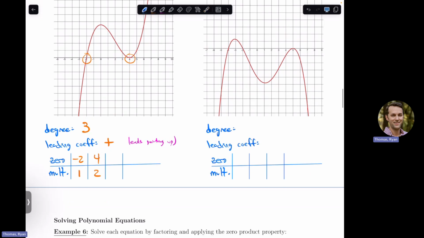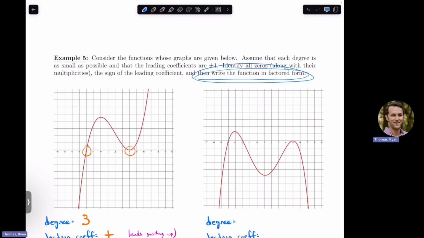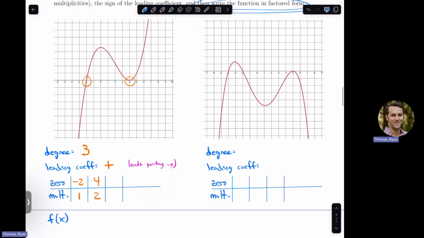Okay, and then the last thing we can do is write down this function in factored form. So the whole thing here is that for polynomials, and we'll lean on this some more today and into next week too, zeros correspond to factors.